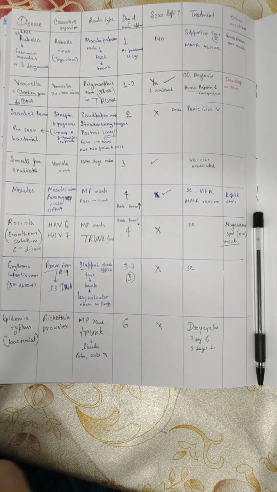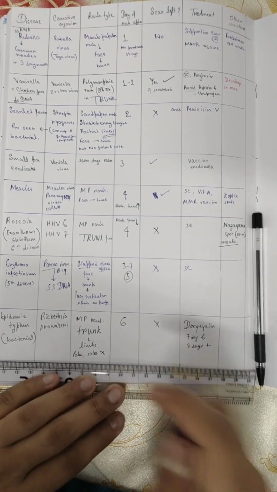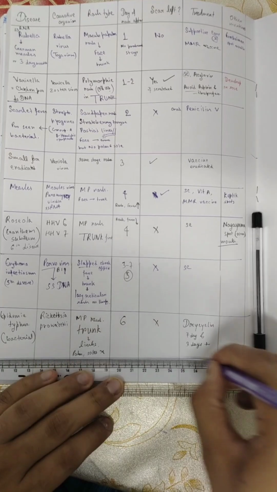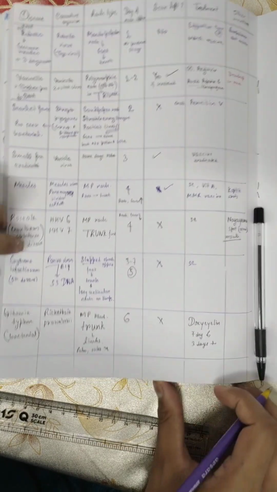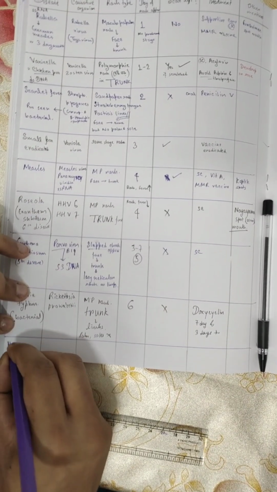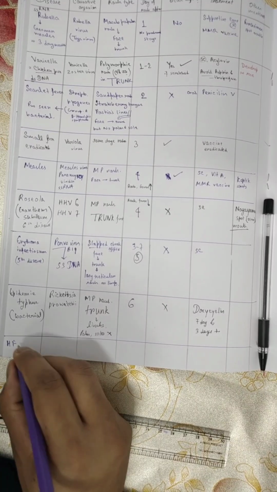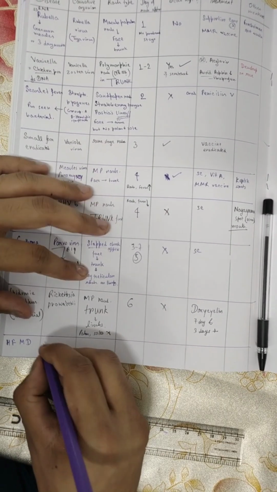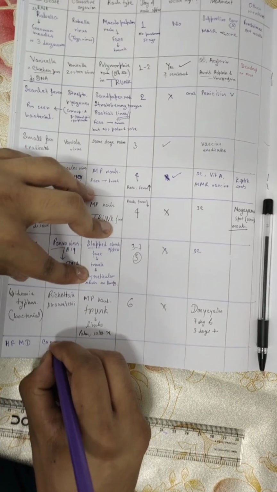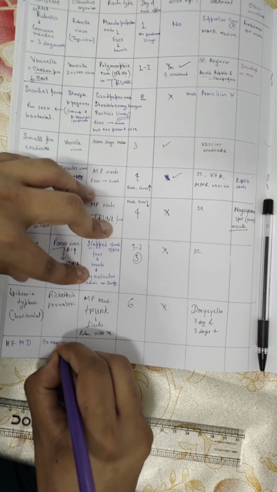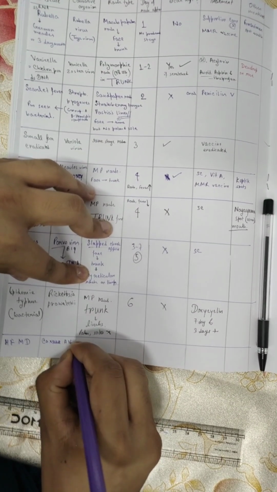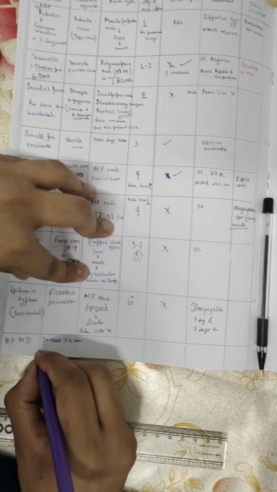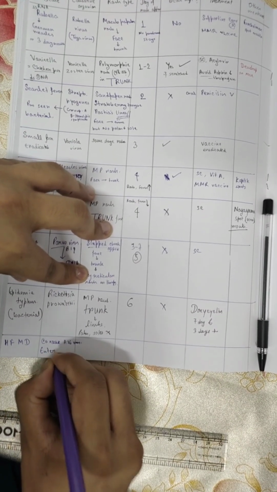Let's talk about the last one. That is hand, foot, mouth disease due to Coxsackie A16 virus or enterovirus 71.